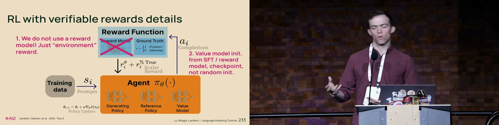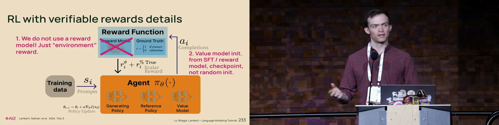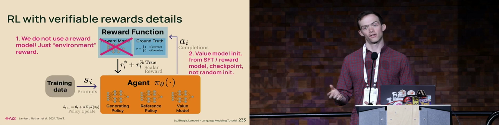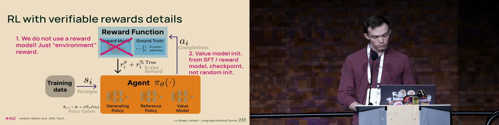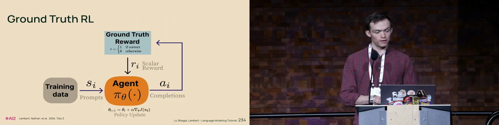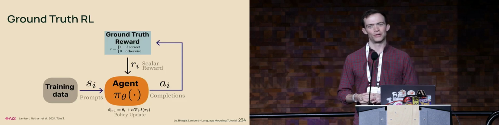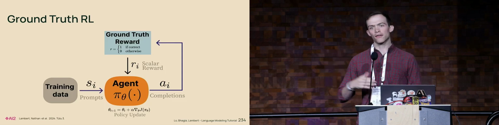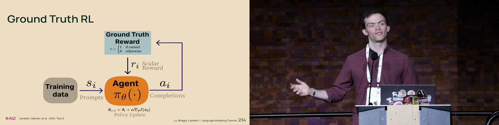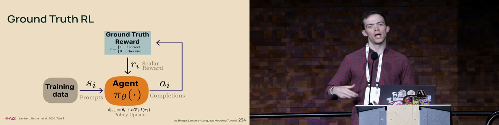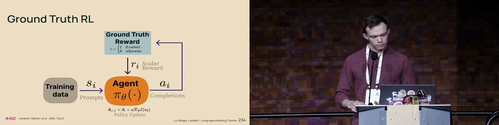And in order to warm start the model, we used a value function that was initialized from an actual trained set of weights, which was our instruction model. And then it really is as simple as, well, simple. You still have to implement distributed PPO training, but you generate from the model, you have a Python function check if the answer was correct, and then you give the policy update a reward if the answer is correct.